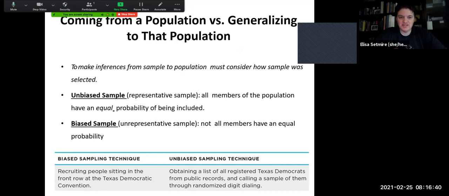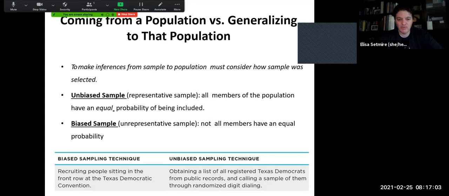An unbiased sample, another way of putting that would be a representative sample, would mean that all members of the population have an equal probability of being included. Everybody has an equal chance or probability, and we're going to randomly select through a bunch of different methods that we can use to get that representative sample.